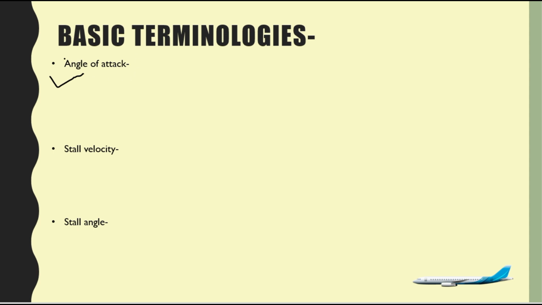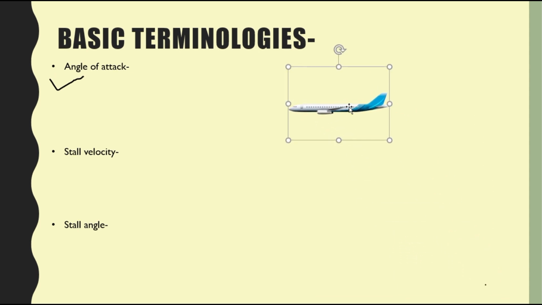So to make sure that you understand their meaning, what I have with me is a totally new technique to explain the thing. So I have here an aircraft with me. Now let us imagine that the airflow direction is this. The air is flowing over the aircraft in this direction.